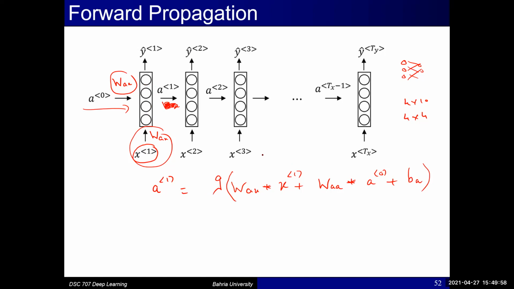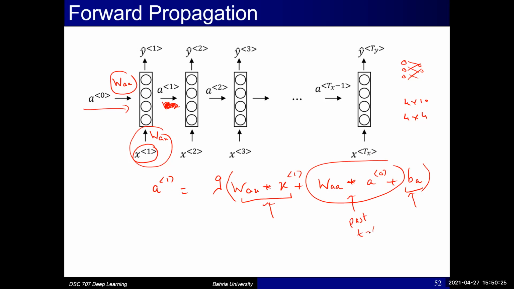Previously, in a regular network, we just had the current input, bias, and activation function, and you get the output. Now you have a new term. When I am computing for timestamp 1, I am using information from timestamp 0. So this is actually the past information, or you can say the t minus 1 information.